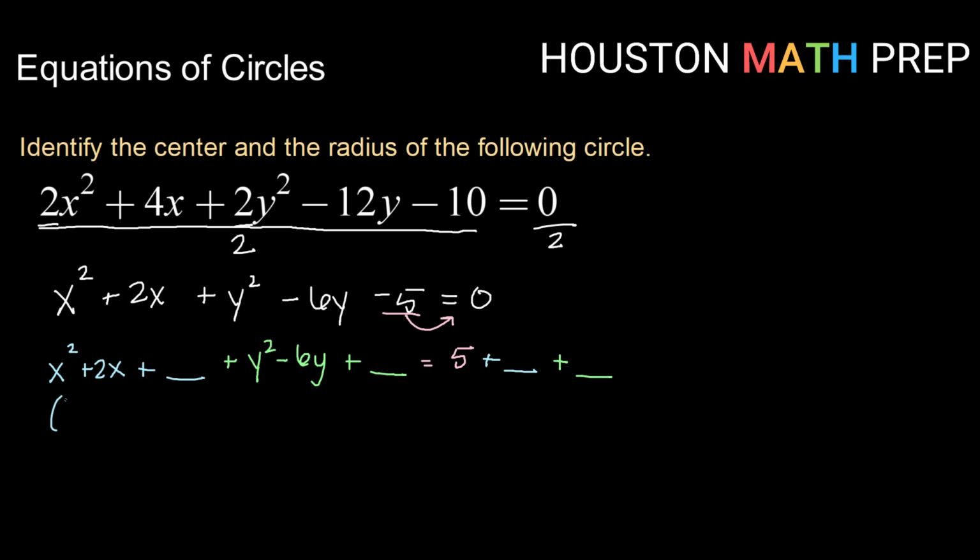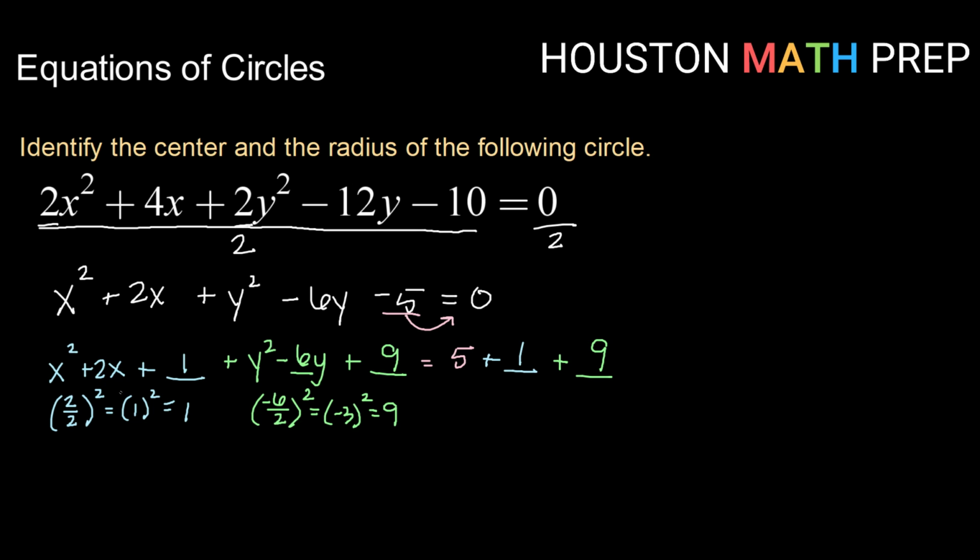Okay, taking b over 2, that's for my x's, that's 2 over 2 squared, which is 1 squared, or 1. So I'm going to be adding 1 to both sides. For my y's, my b value is negative 6, so negative 6 over 2 squared is negative 3 squared is 9. I've got 9 here and 9 here.